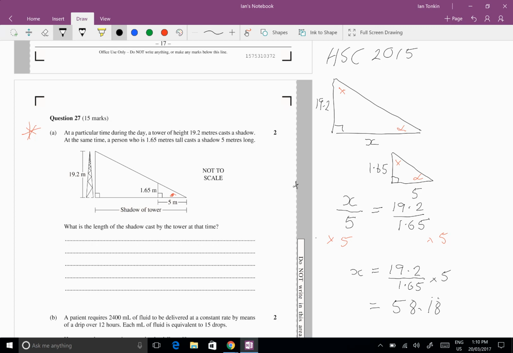And I look at my answer and go, yeah, that should be about right, because 5 to 19 and 1.5 to 2. I look back at the question, make sure I've got an answer there, and it's in meters. So away I go.